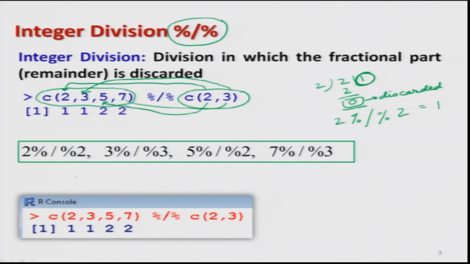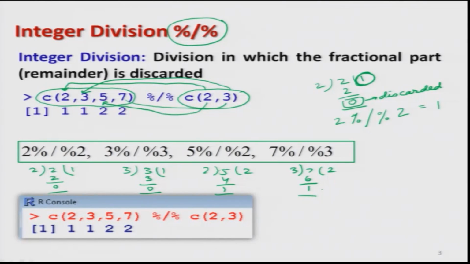In this case you can see that 2 is divided by 2 with respect to integer division, the answer comes out to be 1, since 2 ones are 2, and the remainder here is 0. Similarly, here the remainder comes out to be 0, and similarly here the remainder comes out to be 1, and here also the remainder comes out to be 1.